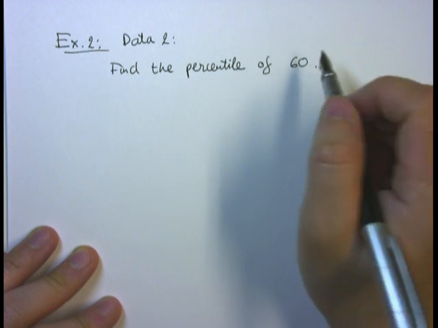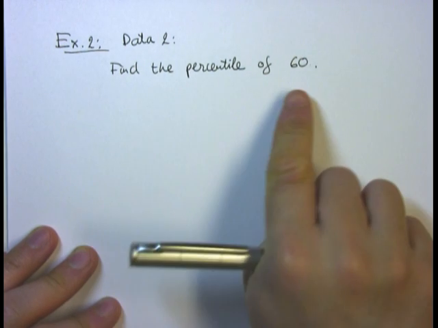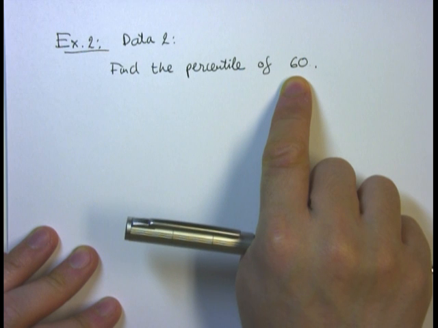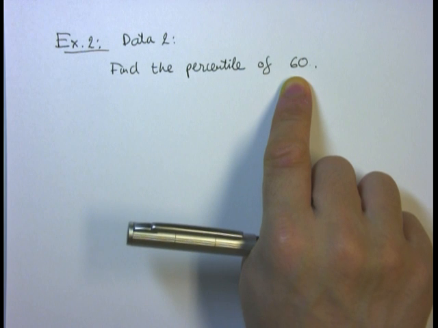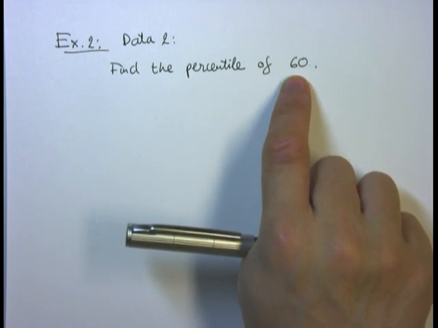Once again, 60 is an individual data value on the list, and there are going to be quite a few 60s on the list. But the point now is that to find the percentile of 60, you need to simply count all those values falling below 60.